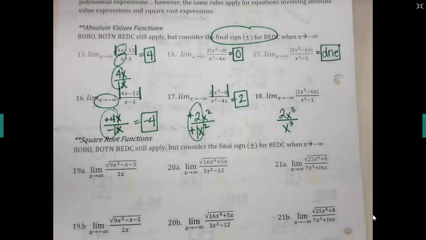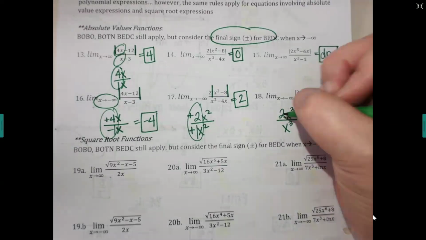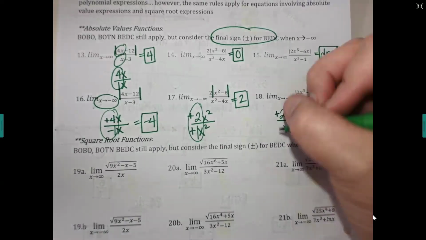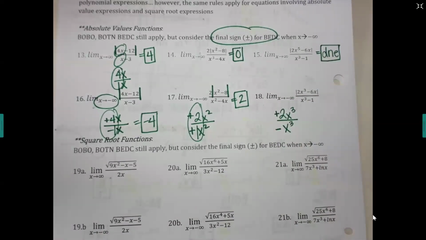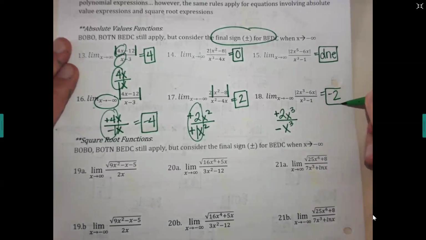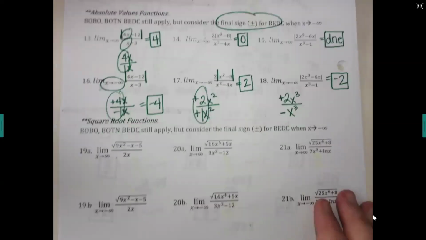Absolute value bars, which are going to turn it positive. Okay, but on the bottom, I'm taking the negative infinity and I'm cubing it. So a negative times a negative times a negative. The bottom will stay negative. And then 2 divided by a negative gives me negative 2. Okay, we get the idea there? Yeah. All right, next section.